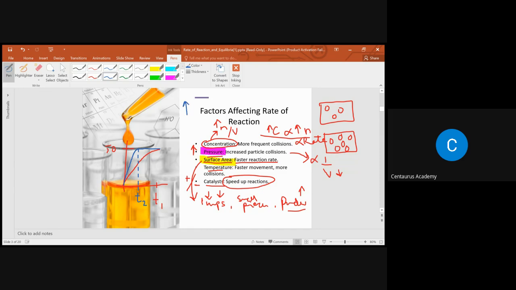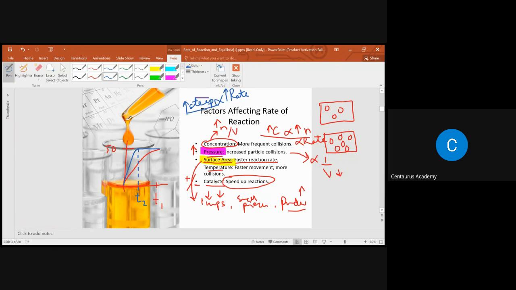The steeper the curve is going to be, it directly correlates to the rate of reaction. So the steeper the curve, the greater the rate of reaction, and the same amount of product, 50 grams, is formed within less time as compared to the first graph.